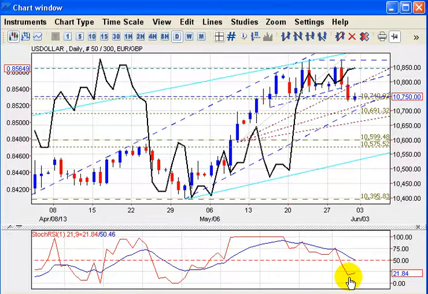Comparing the stochastics combined with the relative strength index, the widening gap between the RSI and the stochastics would eventually converge within that rising channel, indicating that any particular down movement is simply a temporary correction, although it may be large as far as point value is concerned.